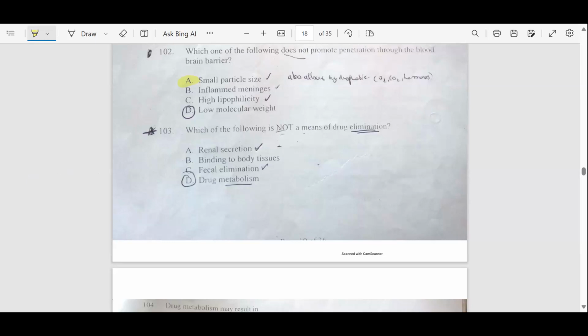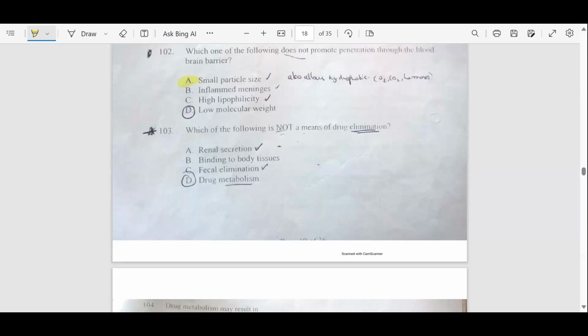Also there's choice B, maybe. So there's something that has been sent in the group. The factors which promote the penetration across the BBB. So we have lipid solubility, we have molecular size.